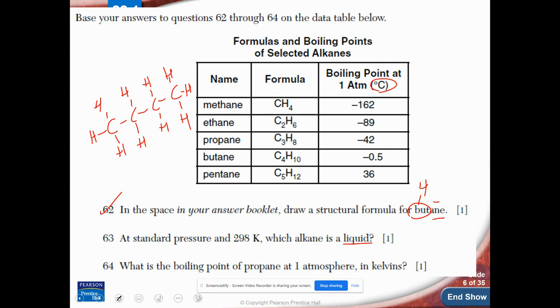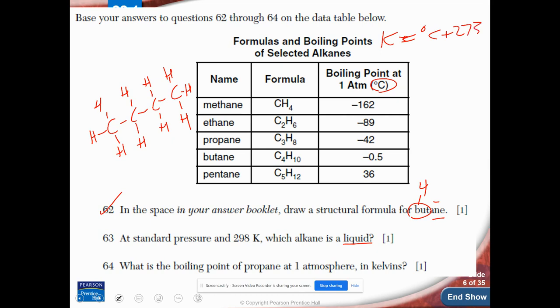That means which one would have melted but has not yet boiled. So let's convert these to Kelvin.